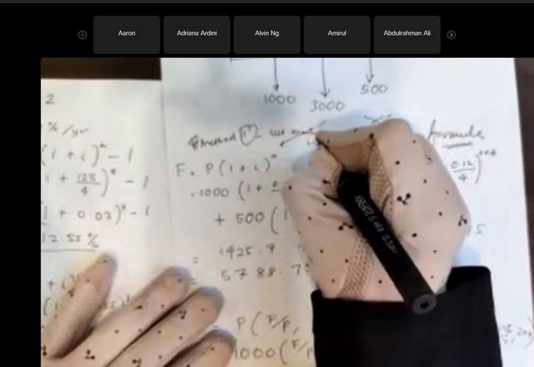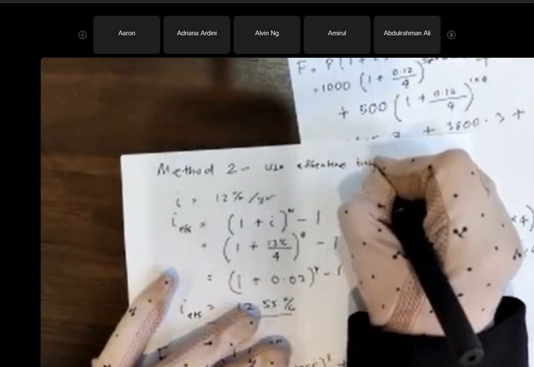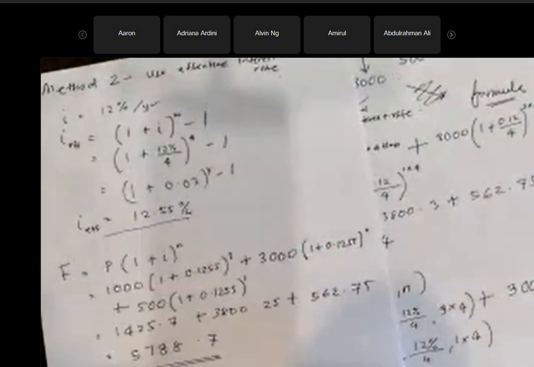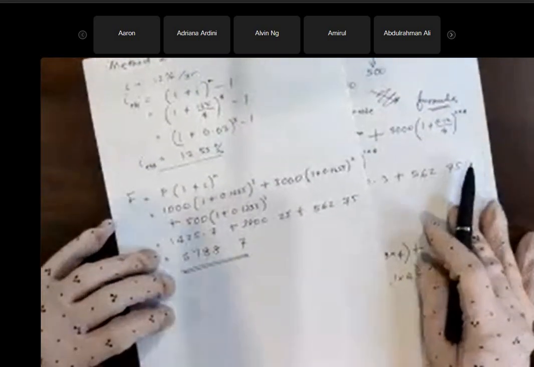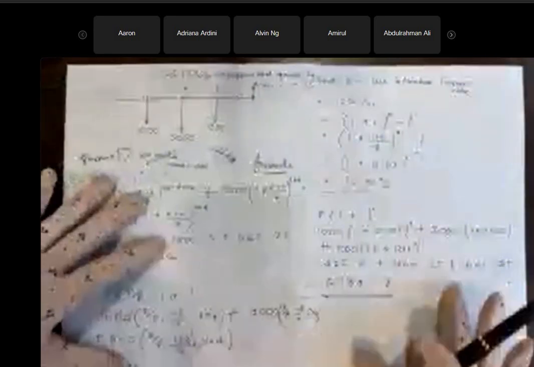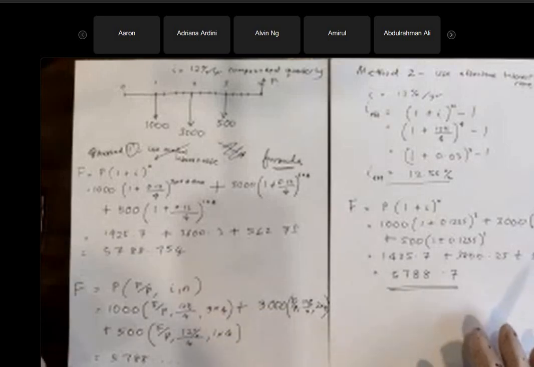For method 2, you use the effective interest rate. That is the difference. Is the writing too big? Can you see? This is the first. This is method 2.